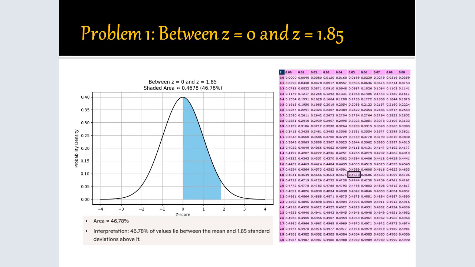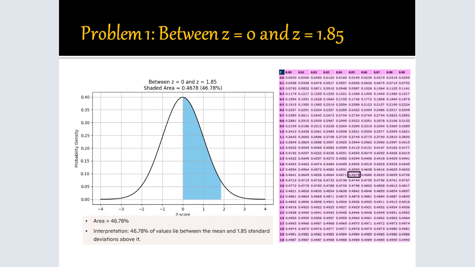Now, on the z table, there is the area under that curve, and that is 0.4678. Again, problem number 1, between z is equal to 0 and z is equal to 1.85. As we can see on the screen, we have the shaded region or the area, and that is from 0 to 1.85.